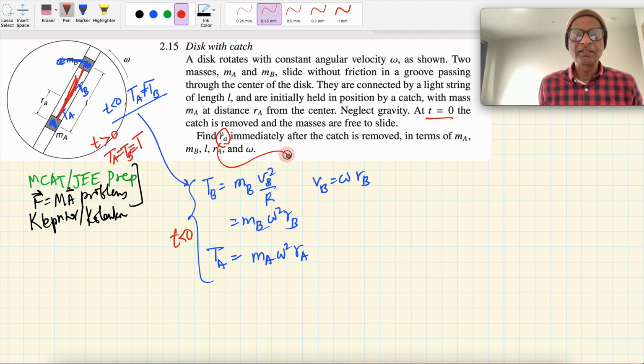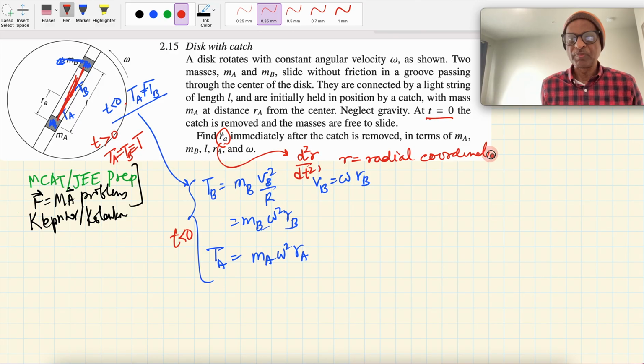That is d squared R dt squared, and R is the radial coordinate of polar coordinates.